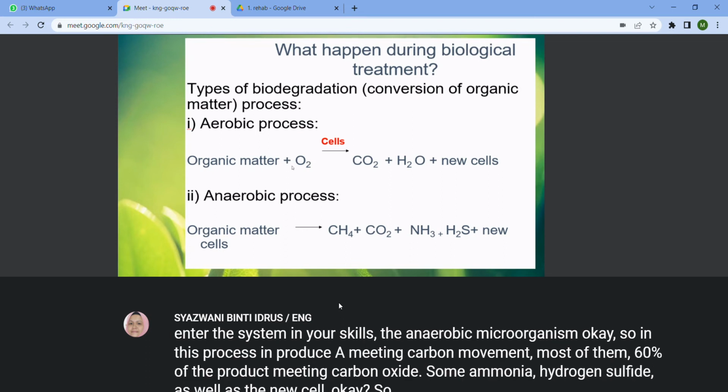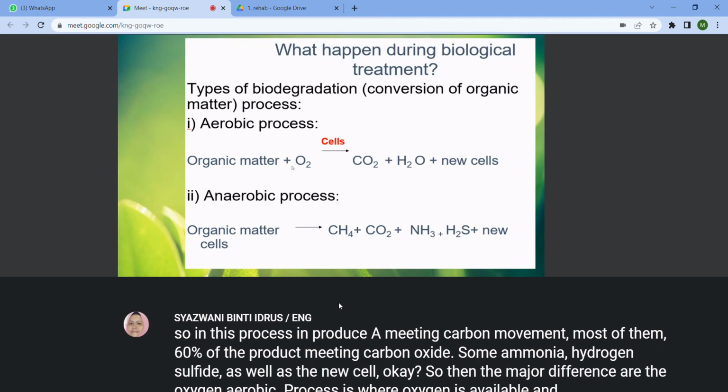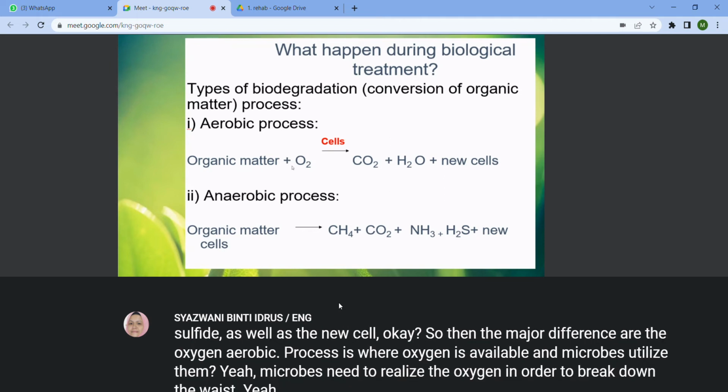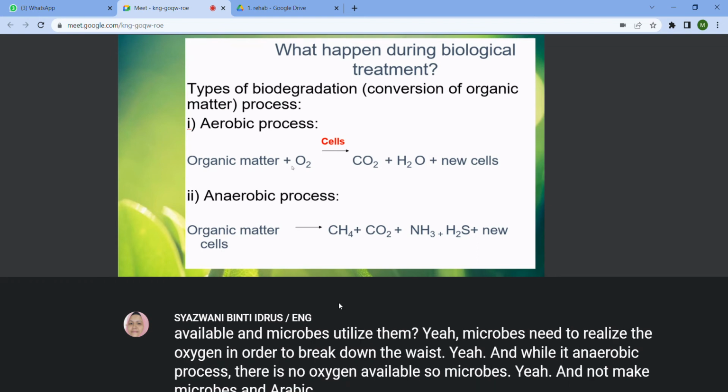So the major difference is oxygen. The aerobic process is where oxygen is available and microbes utilize it to break down the waste. In the anaerobic process, there is no oxygen available. Anaerobic and aerobic microbes are different types of microorganisms.